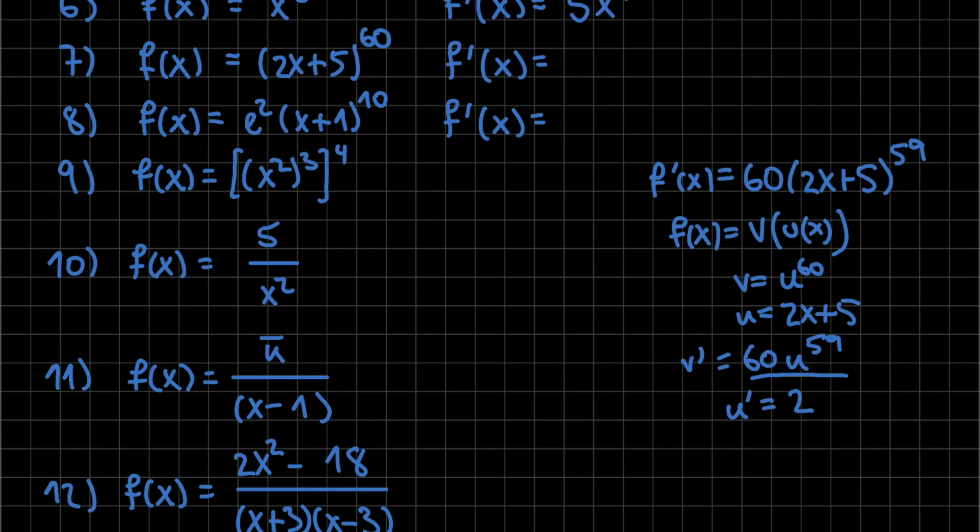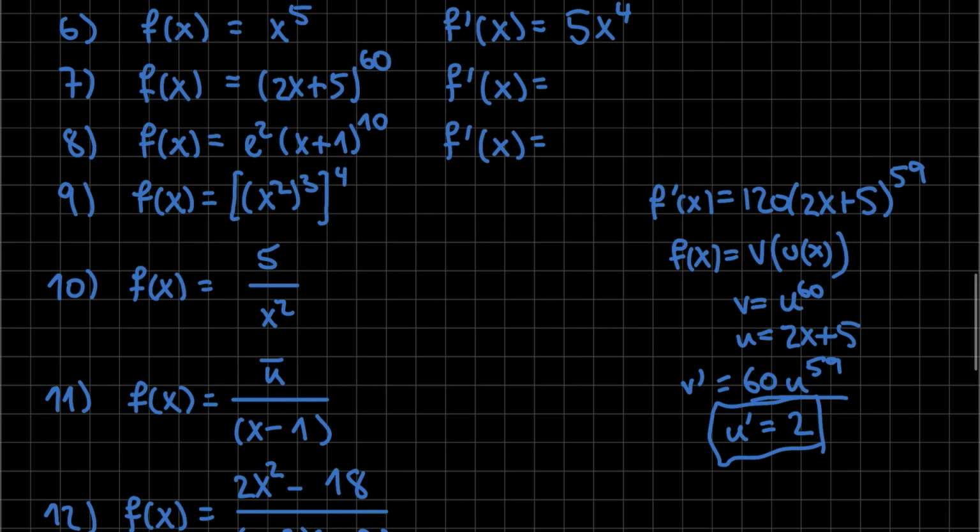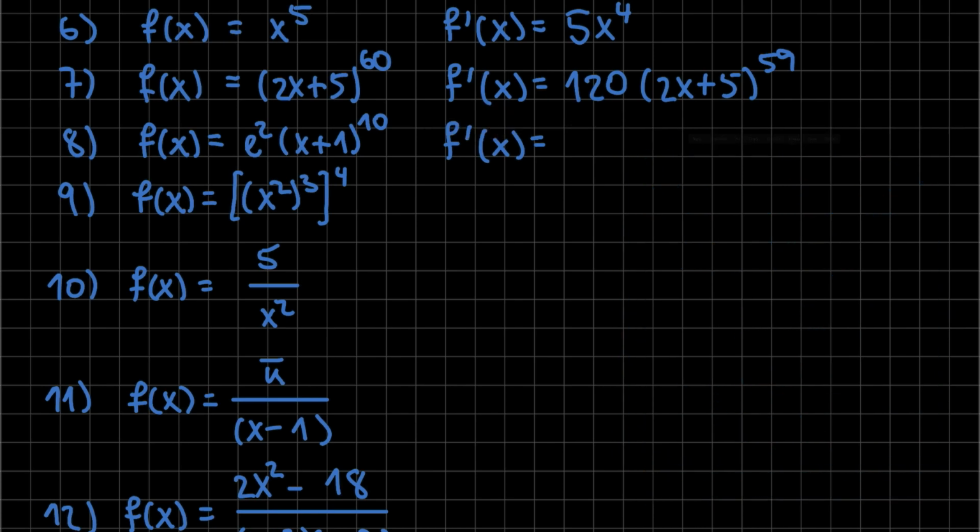But then we still have to multiply by this internal derivative u dashed. And multiplying by 2 is going to turn this 60 into 120. So our final answer is going to be 120 times (2x plus 5) to the power of 59. And now I'm going to delete this.